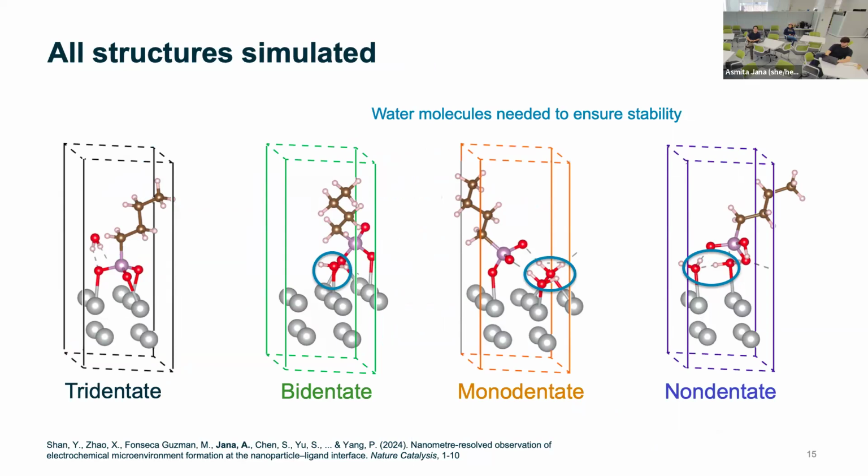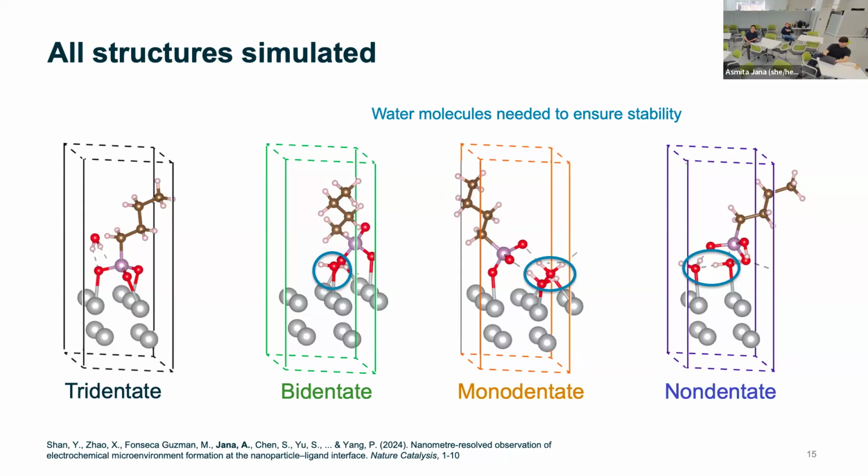So you have a PO3 2 minus head group, with 3 oxygens. These 3 oxygens can all bond onto the surface and create a tridentate structure. Perhaps it's not 3, maybe it's just 2, in which case you have the bidentate structure, so 2 oxygens over here. Perhaps it's just 1, in which case it's monodentate.